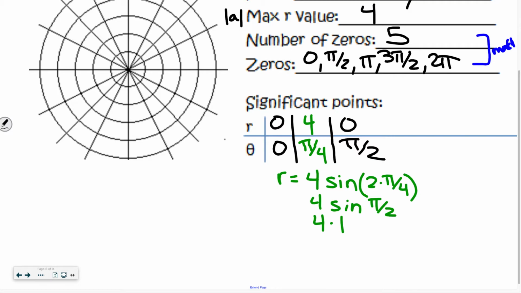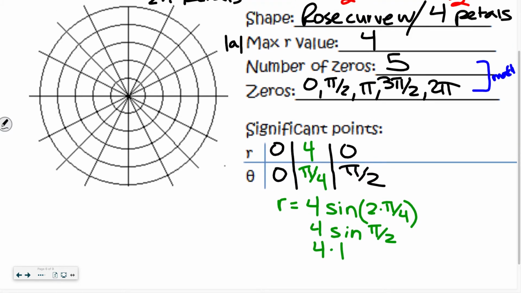So I'm plugging that back into the original equation, 4 times sine 2 theta. And what that tells me is when I go to pi fourths, go forward 4. That's a petal. So I've got my points at the pole, and then at pi fourths I would go 1, 2, 3, 4 out. That's the end of a petal, so it has length 4. Draw my petal.